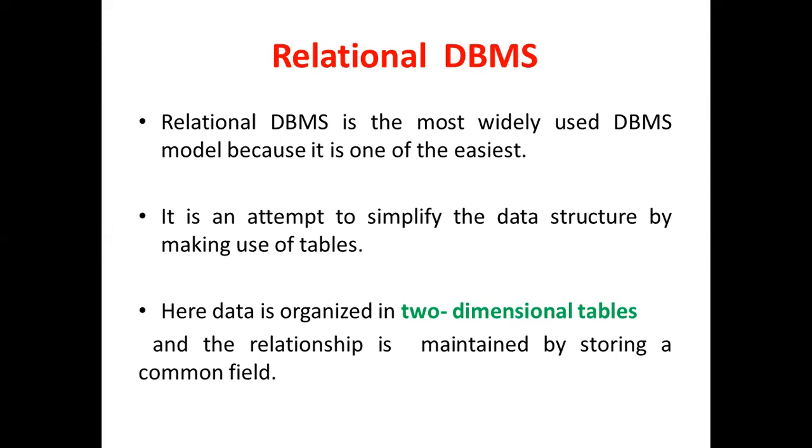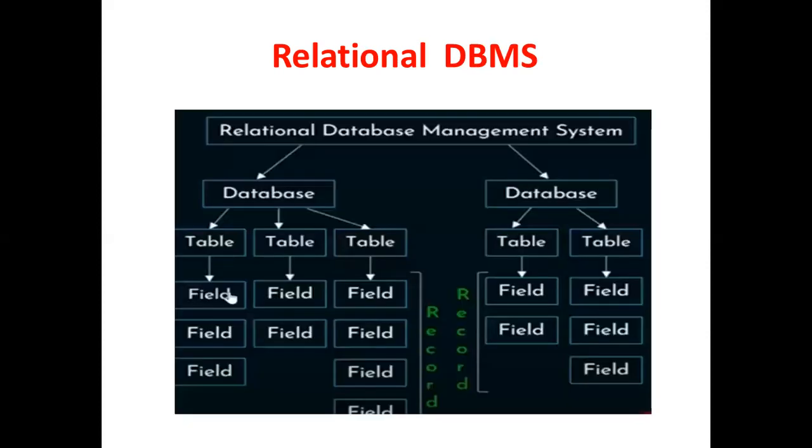That means the point that we have to remember in a relational DBMS is that it uses the table for representing all the data and the in-between relationship. A table represents both the data as well as the relationship. As we know, a table is the combination of rows and columns.